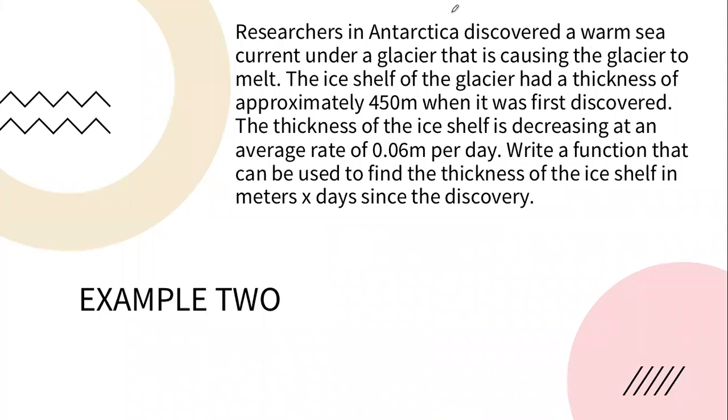Thank you, Alexa. Okay, so you're gonna read this, and what I want you to think about is, what is the slope and what is the y-intercept as you're reading this. Researchers in Antarctica discovered a warm sea current under a glacier that is causing the glacier to melt. The ice shelf of the glacier had a thickness of approximately 450 meters when it was first discovered.